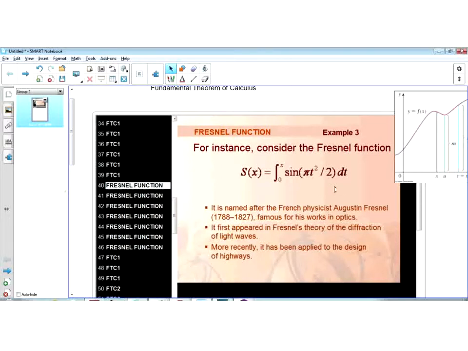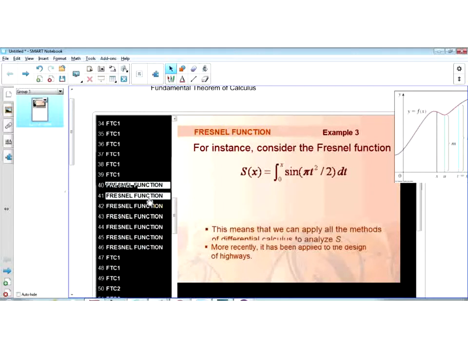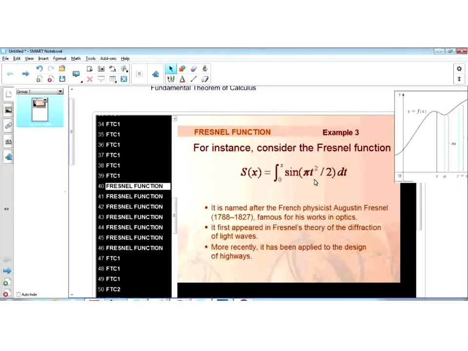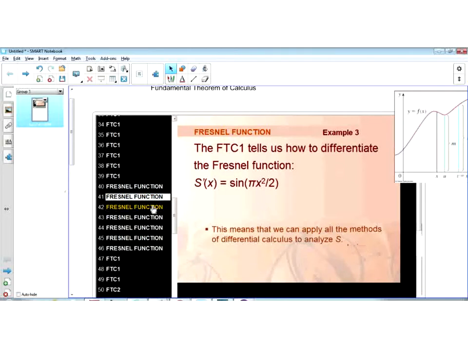Okay, so we can do the Fresnel function, which is defined like this. What do we want? We want to calculate the derivative of the Fresnel function. So again, you just take the integrand, which is sine of pi t squared over 2, and plug in x for t, and then you'll have the derivative of the function.